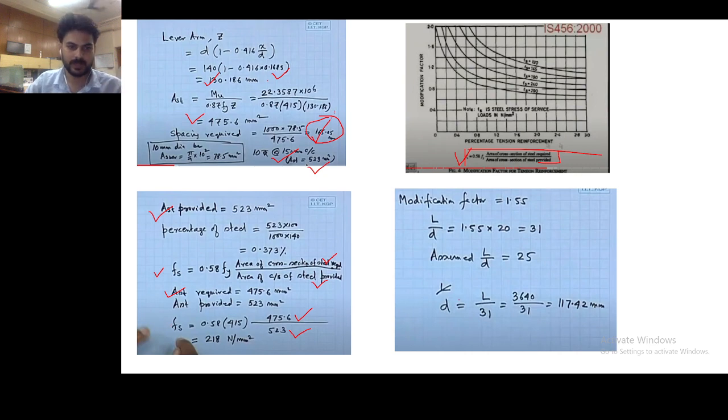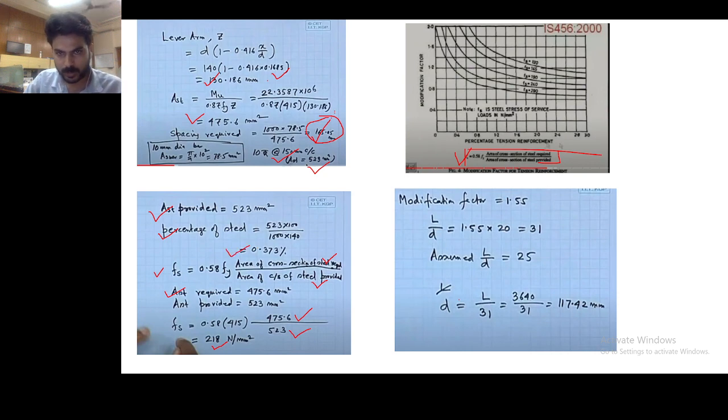Okay, so the Fs we calculated from here is 218. So 218 is between, here we have to see 190 and 240. And the percentage of the steel we calculated here for 523 is coming to be 0.37.